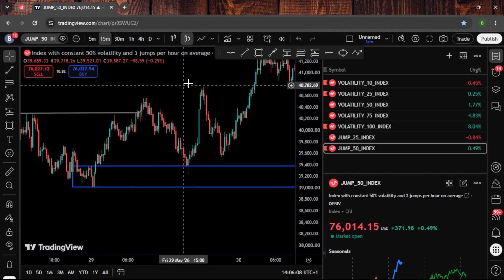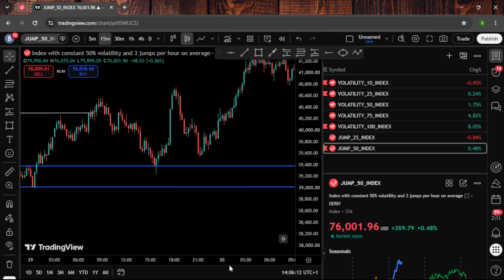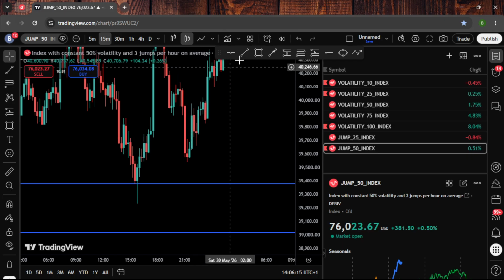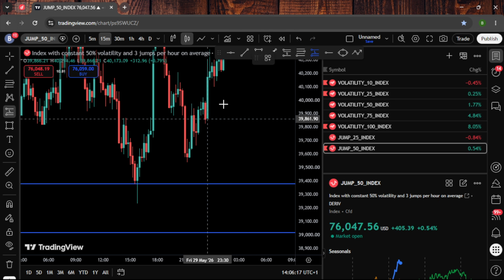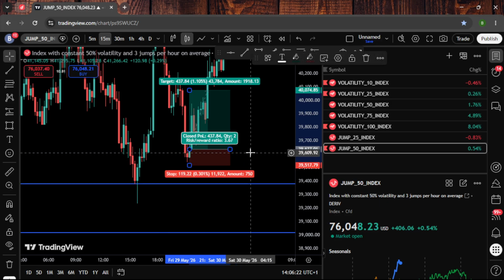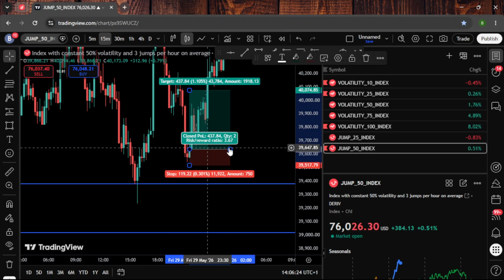This break of structure going back down, at the close of this candle, because this bullish candle engulfed this one, I entered here. Stop loss over here below this place, and take profit way up, so there was no drawdown.